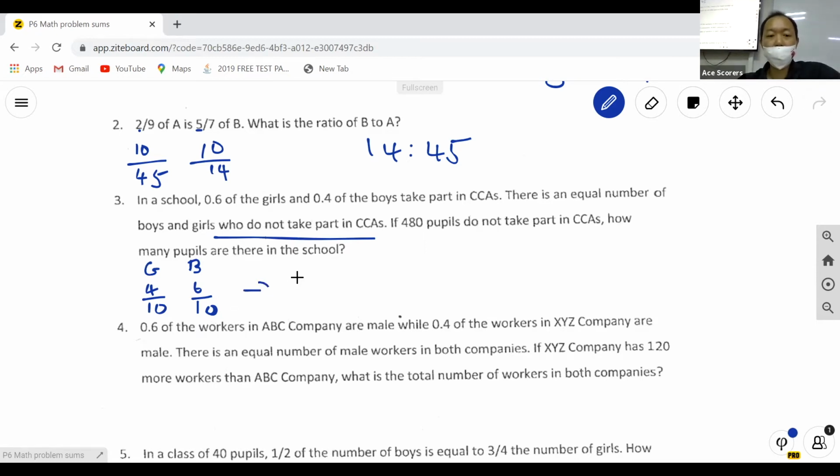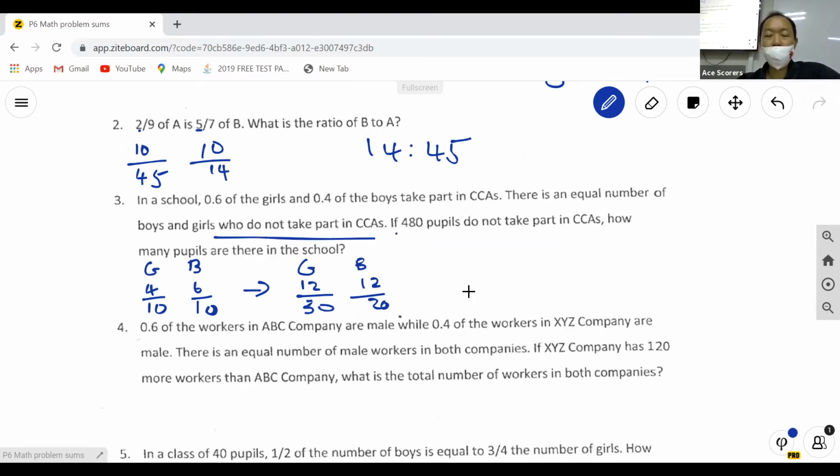So girls is 12 upon 30, and then boys here is 12 upon 20. So what this means is the number of girls is actually 30, boys is actually 20.